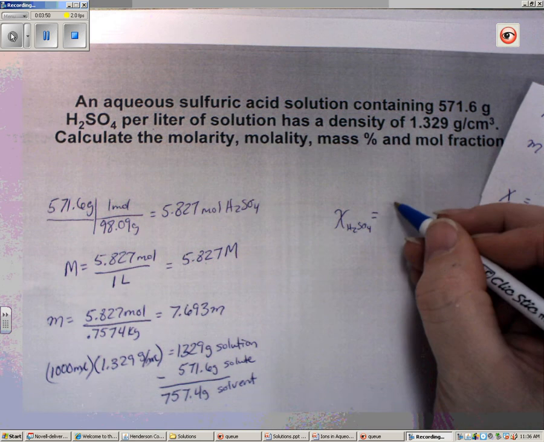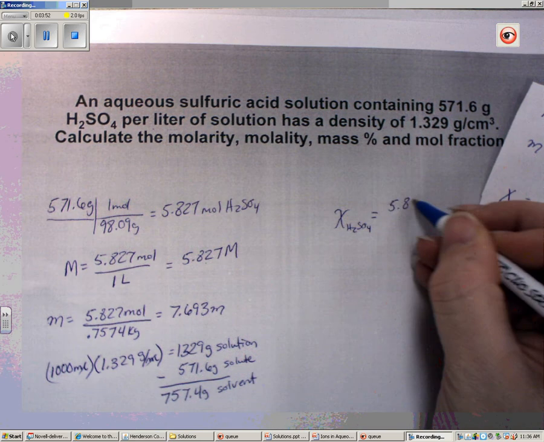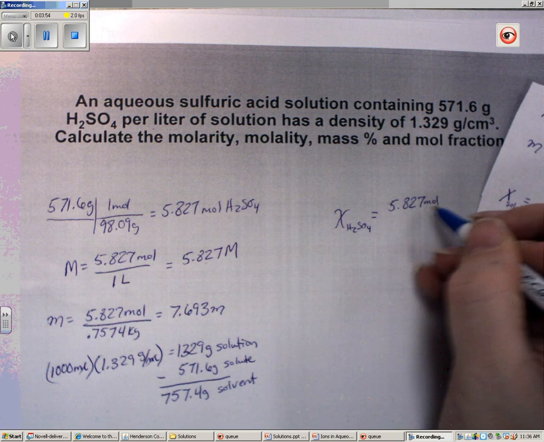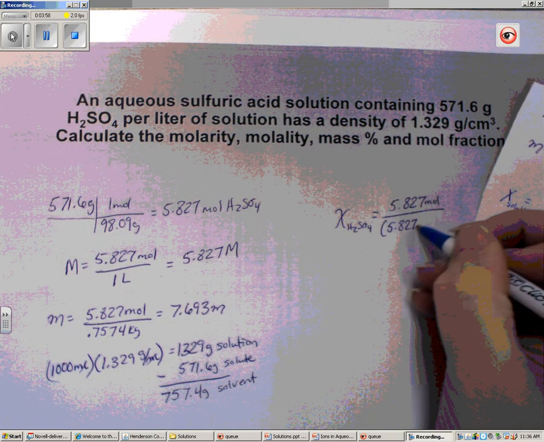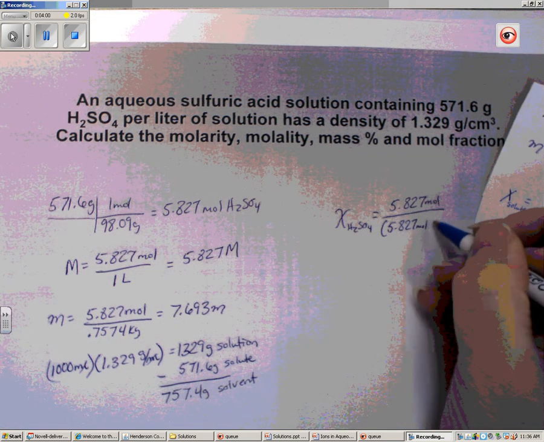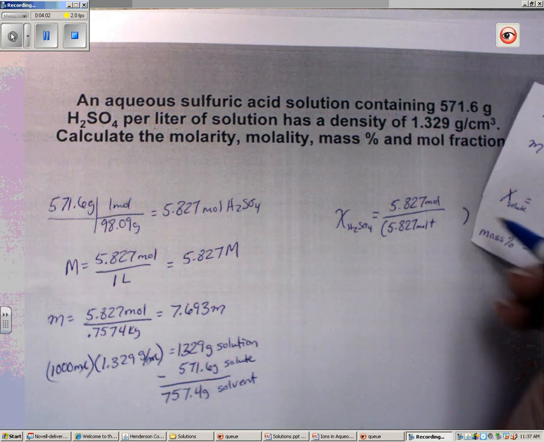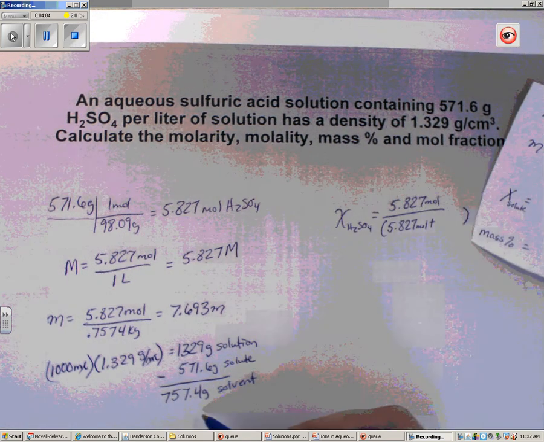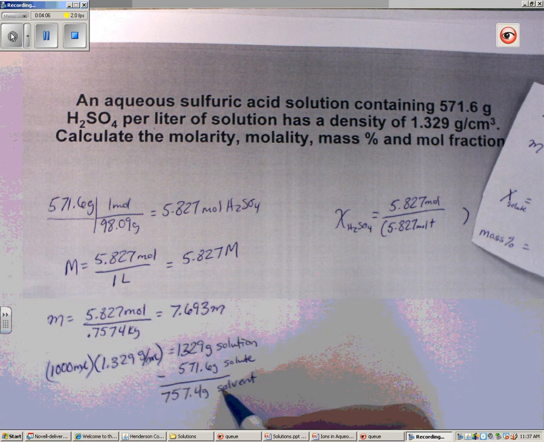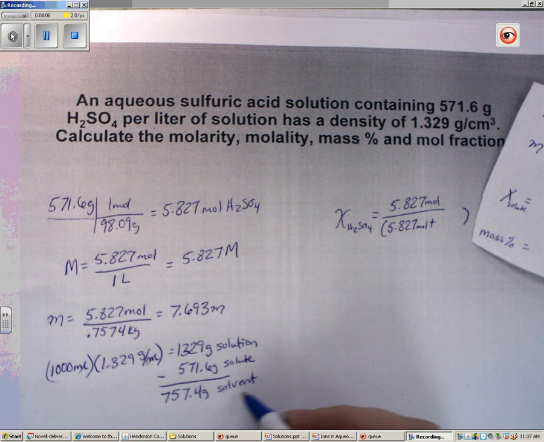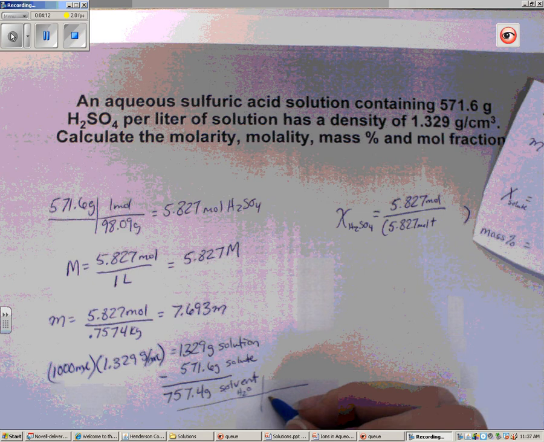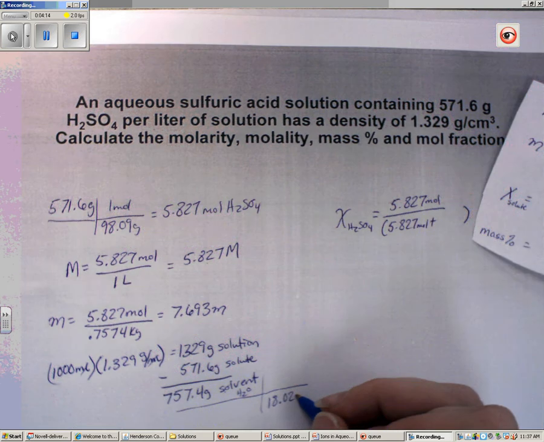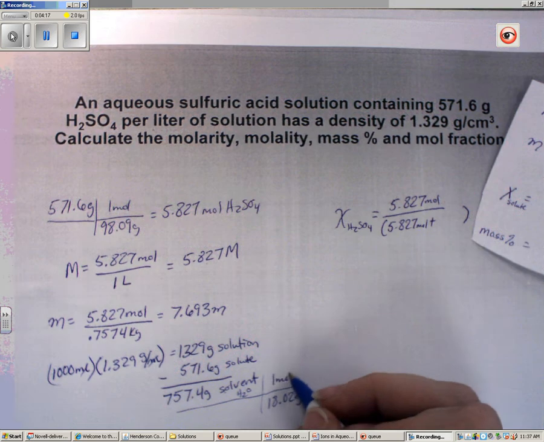And so my moles, 5.827 moles, and that's going to be over my total moles, which is 5.827 plus the moles of my solvent. I have grams of solvent. I need moles of solvent. I know my solvent is water, so I can go from grams to moles. No problem. 18.02 grams in 1 mole.